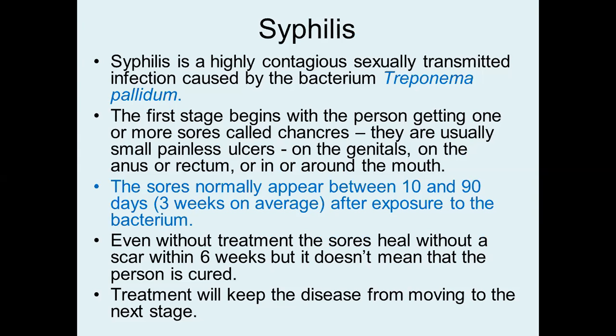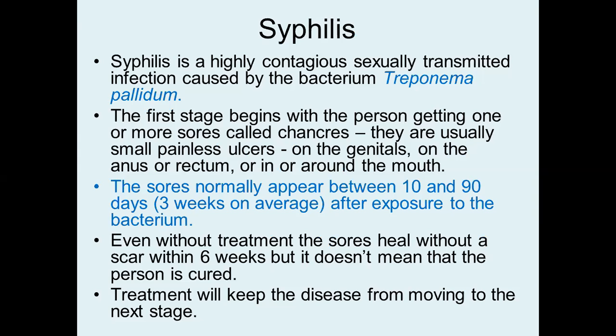Right, syphilis. Syphilis is a highly contagious, in other words, it's easily spread, sexually transmitted infection. It's caused by a particular bacterium called Treponema pallidum. Now, remember, it's in blue, and therefore you don't have to learn it.